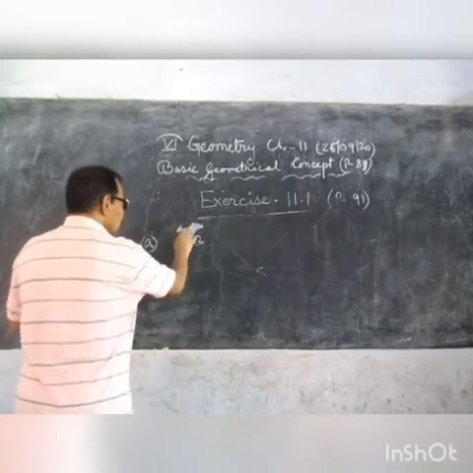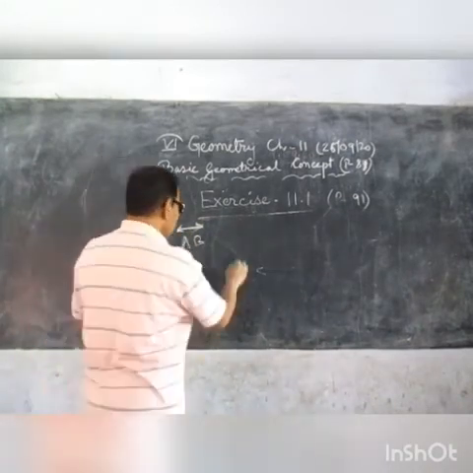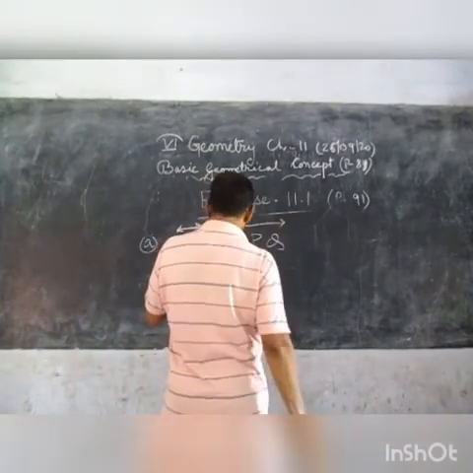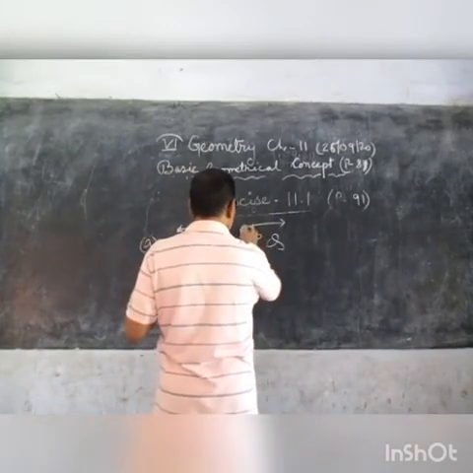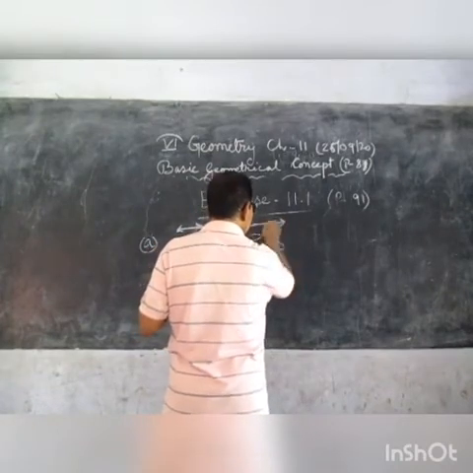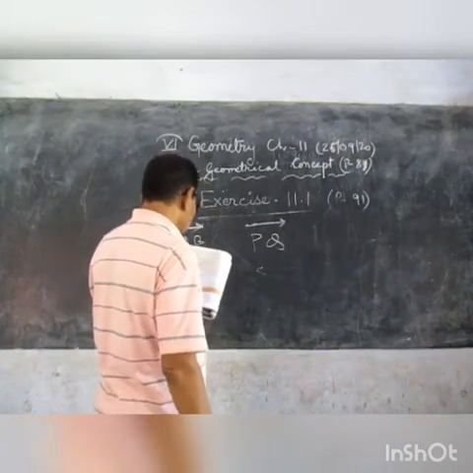It has no endpoint, so it is a line. Then PQ. It is a ray because it has one endpoint and you can extend this side endlessly up to infinity. So it is a ray.